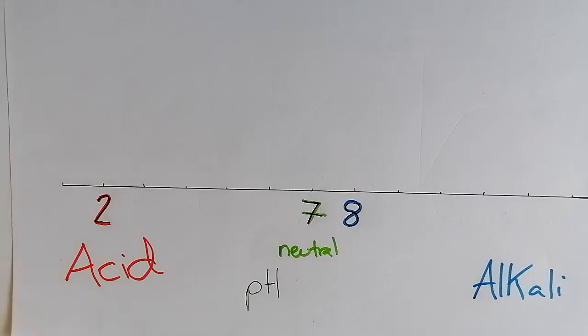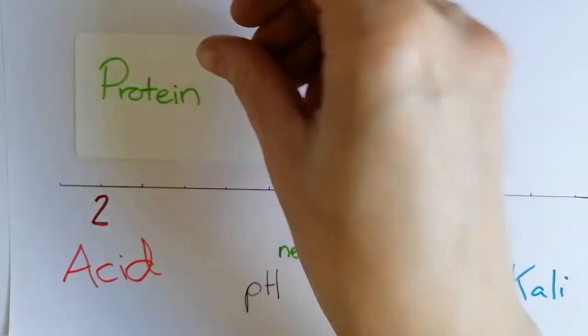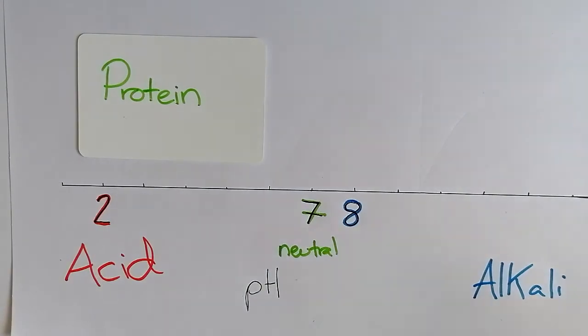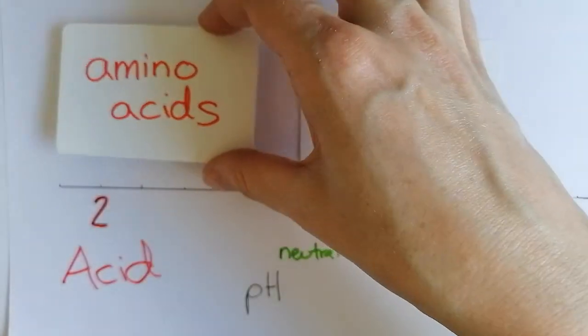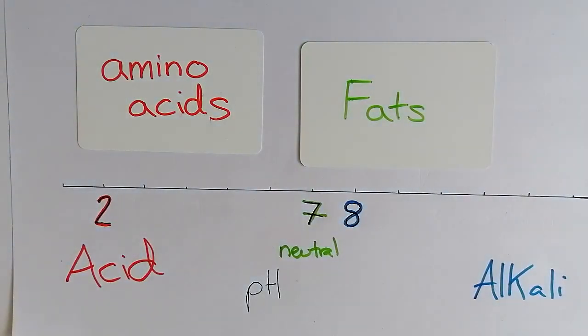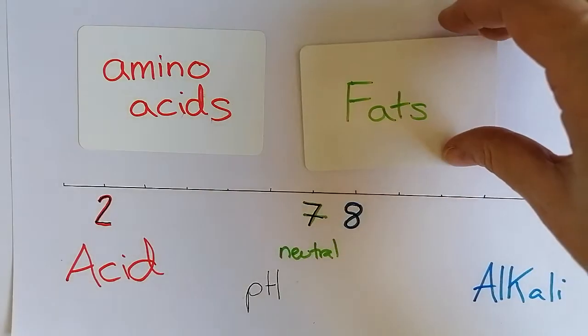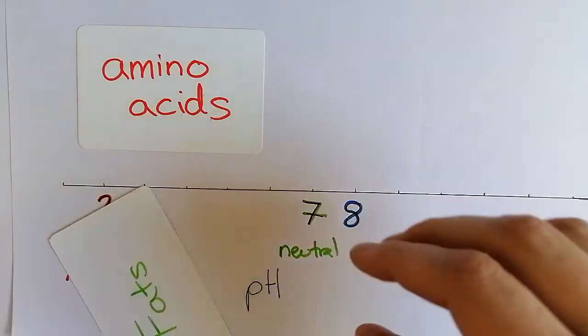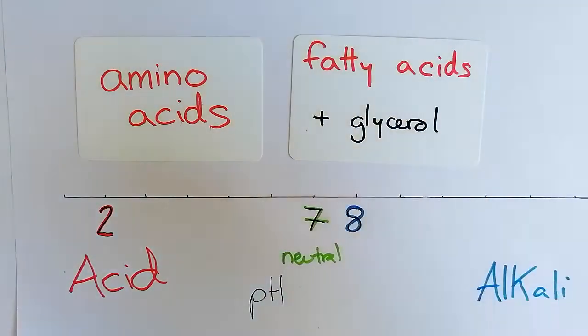Okay, so in our body and in our digestive system, we have proteins that need to be broken down, and we have fats that need to be broken down. When a protein is broken down by the enzyme protease, it releases amino acids. Fats, when they break down, release fatty acids.